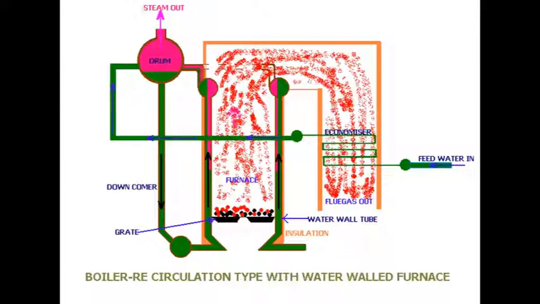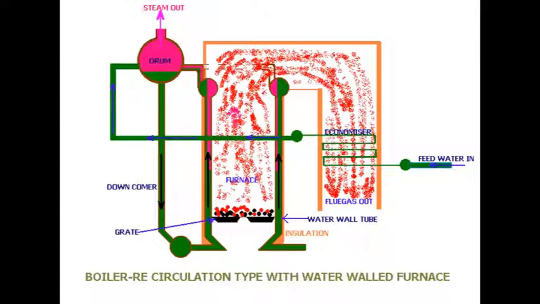The economizer is placed in the convective pass and the water heated in the economizer is taken to the drum.